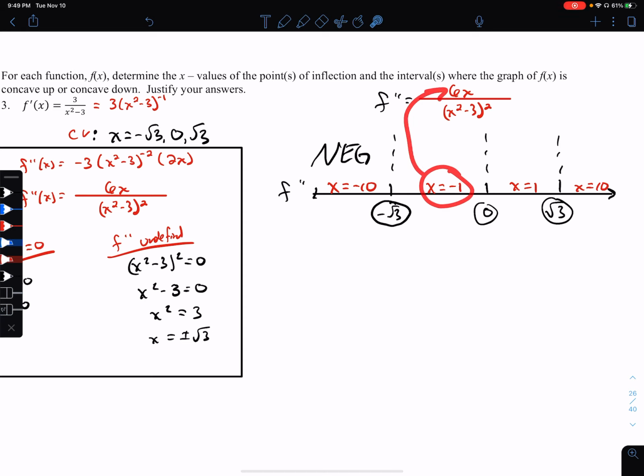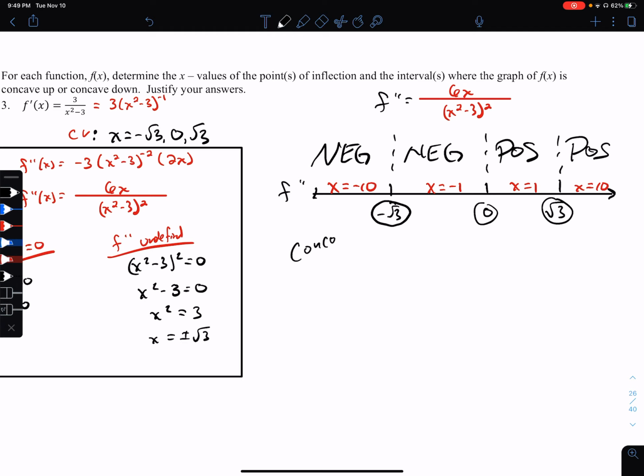If I put a 1 into the numerator, it's positive. Positive divided by positive is positive. Here's what this tells me. To the left of negative square root of 3, this graph is concave down, because it is negative.